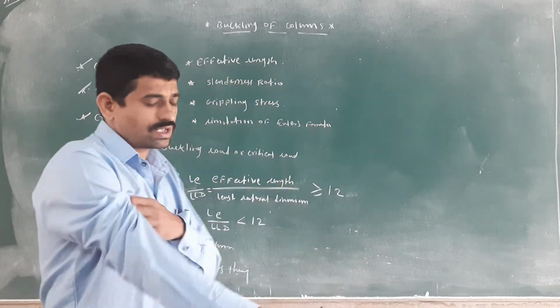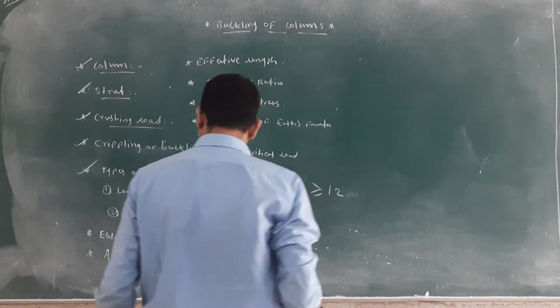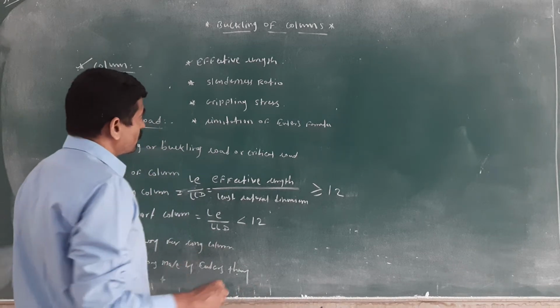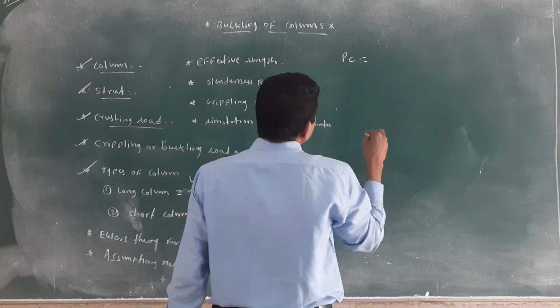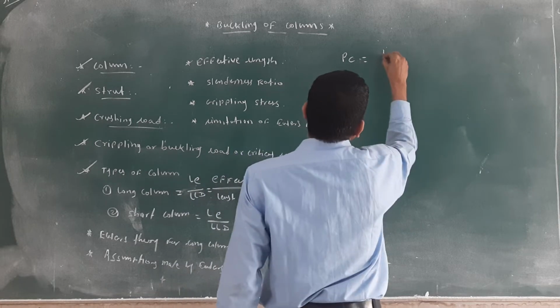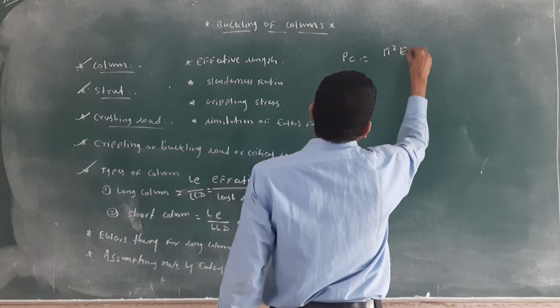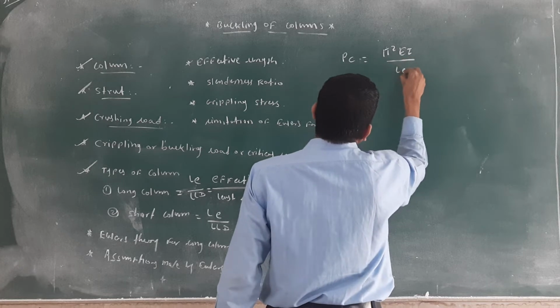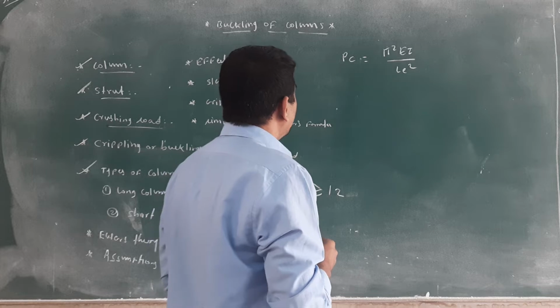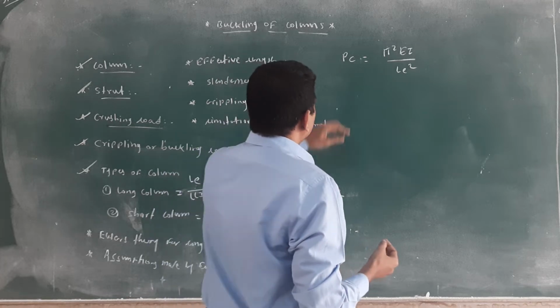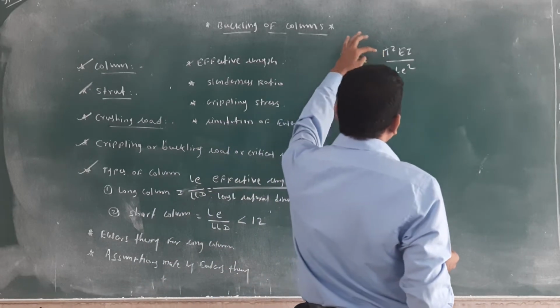Then what about the crippling load? In Euler's theory for the long column, the crippling load is denoted by PC. PC is equal to pi square EI divided by LE square. You know the value of pi.